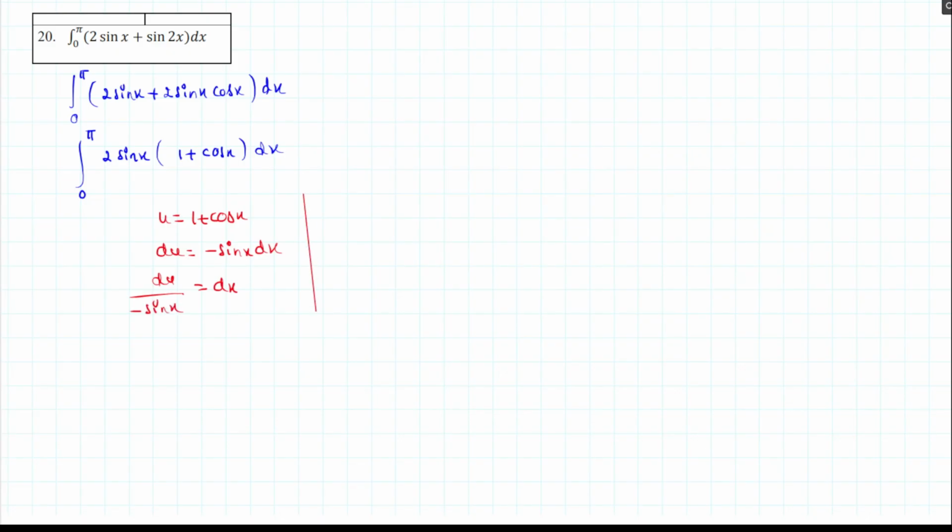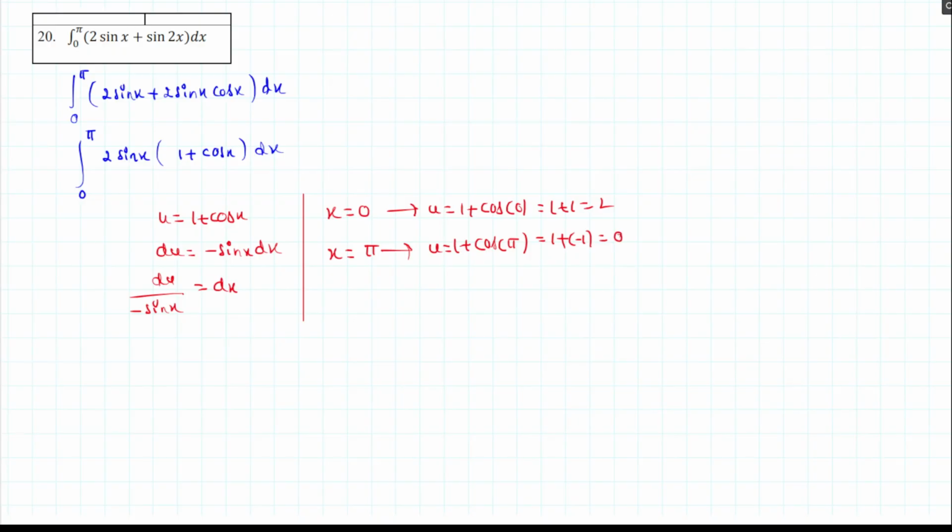The limits: when x equals 0, u equals 1 plus cos 0. Cos 0 is 1, so 1 plus 1 is 2. And when x equals pi, u equals 1 plus cos pi, which is 1 plus negative 1, which is 0.